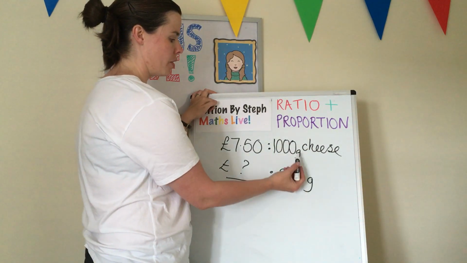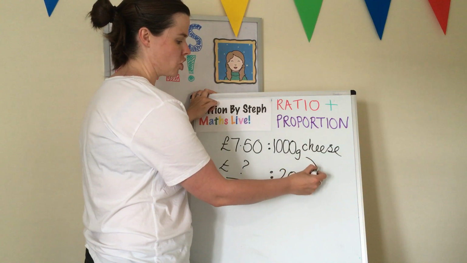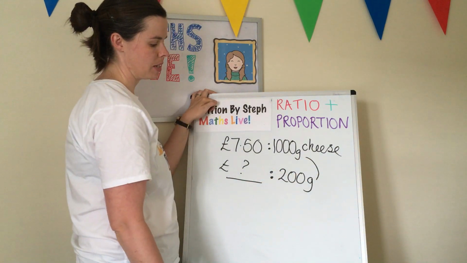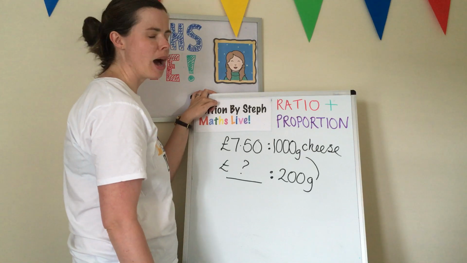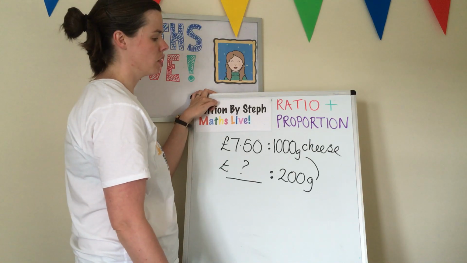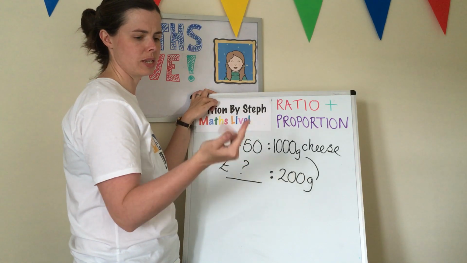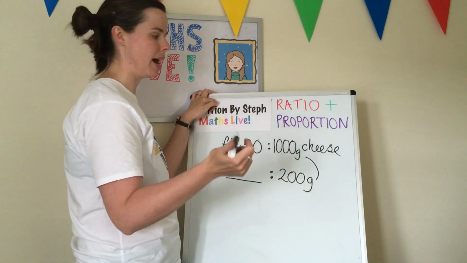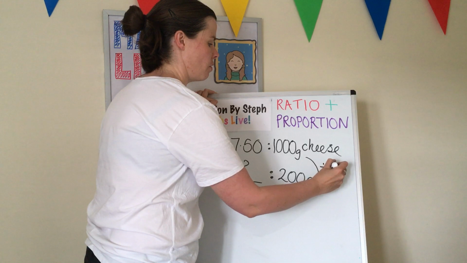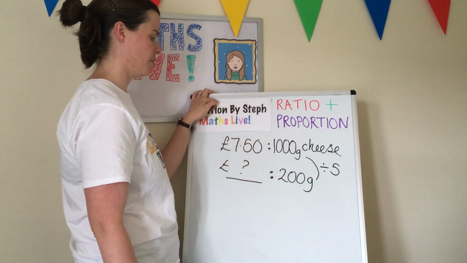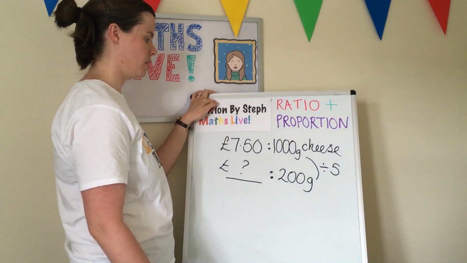So now this will help me, because now I can change 1,000 to 200. How many lots of 200 are in 1,000? So 200, 400, 600, 800, 1,000. So I divide it by 5. Now I've got to do the same to this side.